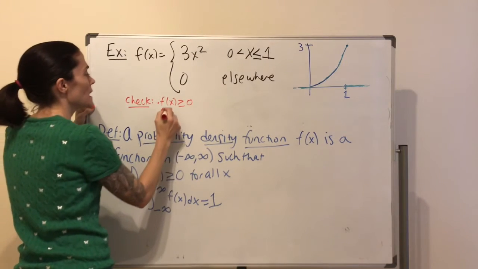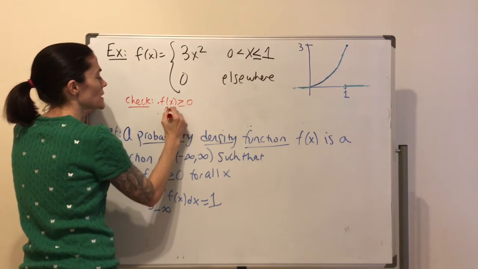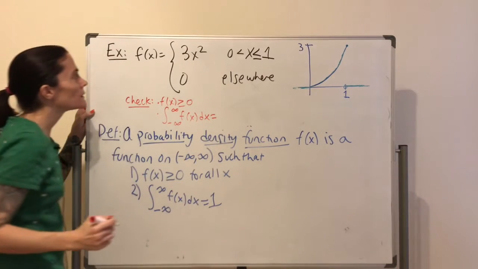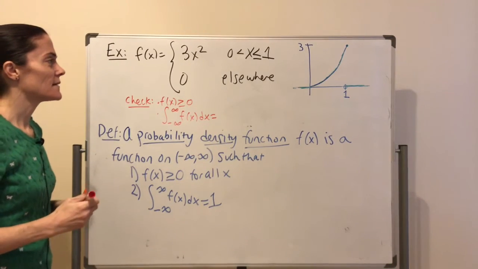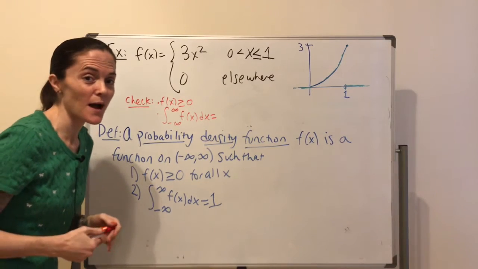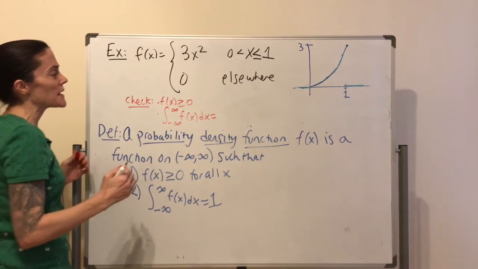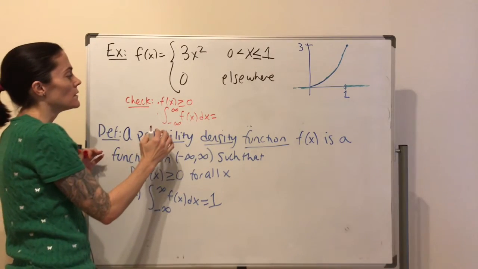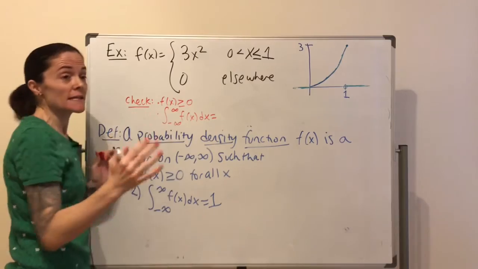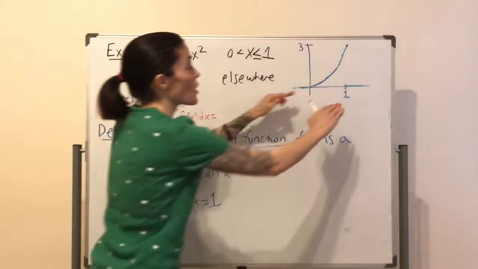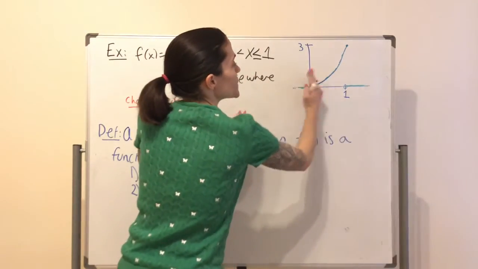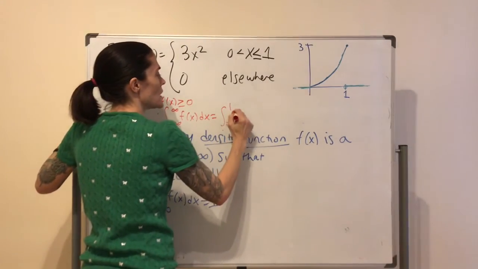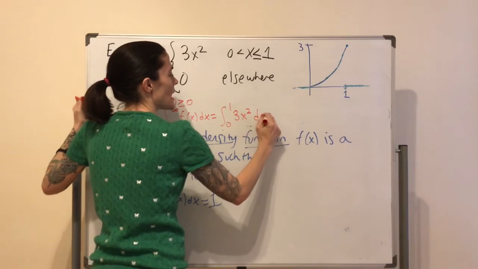The second one, if we integrate from minus infinity to infinity of f of x dx, this looks like it's going to be improper, but it's really not, because everywhere the function is 0, you integrate 0, you get 0, right? So the area only lives between 0 and 1. So this is an integral from 0 to 1 of 3x squared dx.